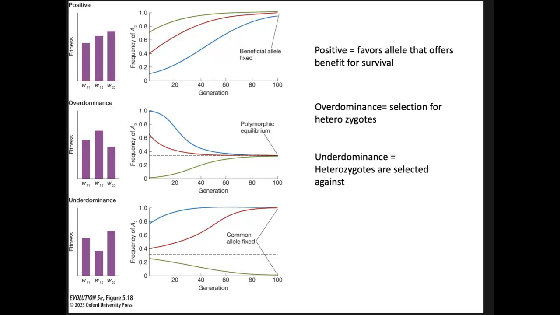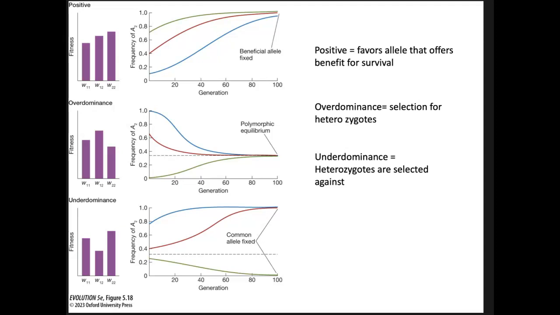So with positive selection, remember that what's happening here is that natural selection is favoring an allele that offers a benefit or increases fitness. And so basically that particular allele that benefits survival is selected for. The higher the selection coefficient, the faster that allele is going to become fixed in the population.